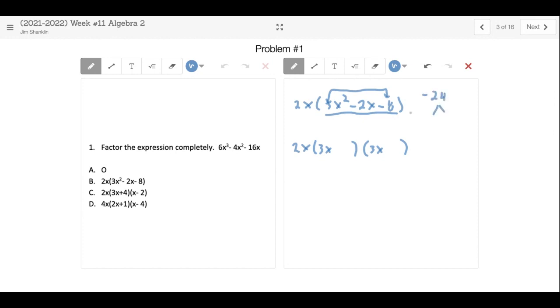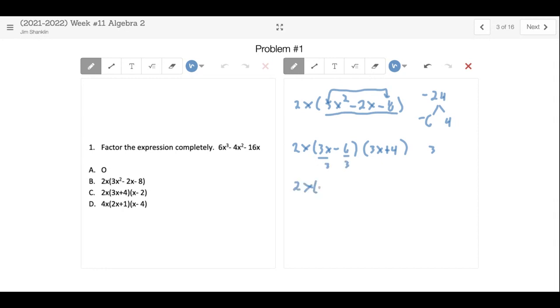What two numbers multiply to negative 24 but add up to negative 2? Oh boy, what are those going to be? Negative 6 and 4. Very good. So I'm going to put negative 6 here and 4 here. I cheated with a 3, so I have to divide a 3 out.